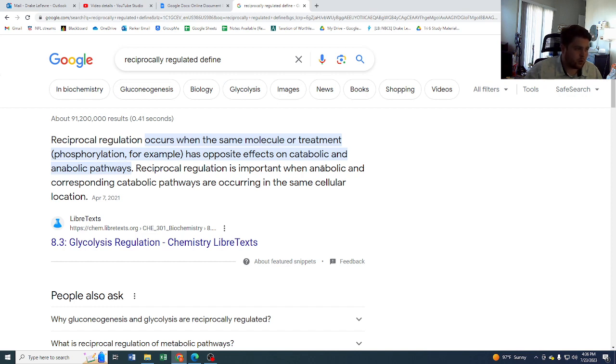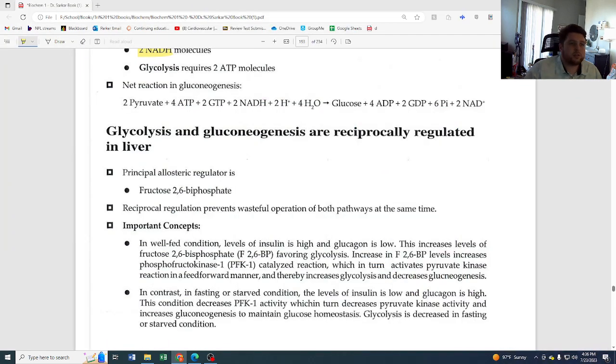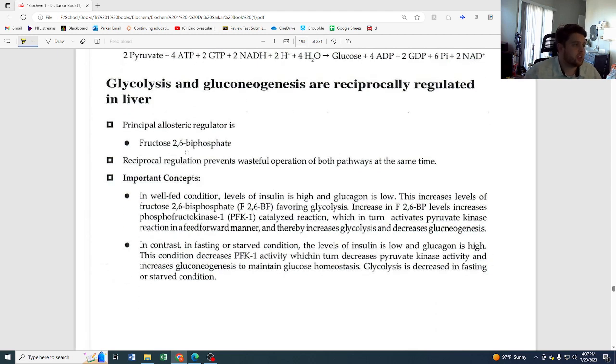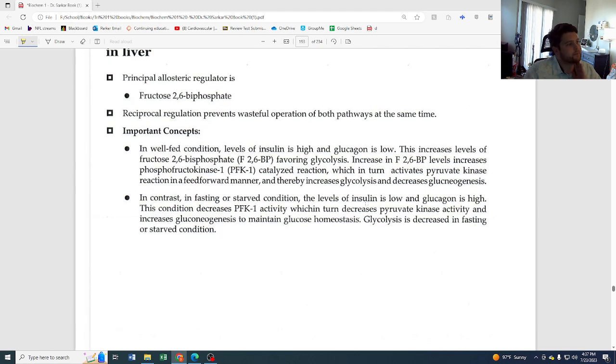Reciprocal regulation is important when anabolic and corresponding catabolic pathways are occurring in the same cellular location. In this case, fructose 2,6-bisphosphate is going to be our reciprocal regulator. Reciprocal regulation prevents wasteful operation of both pathways at the same time.